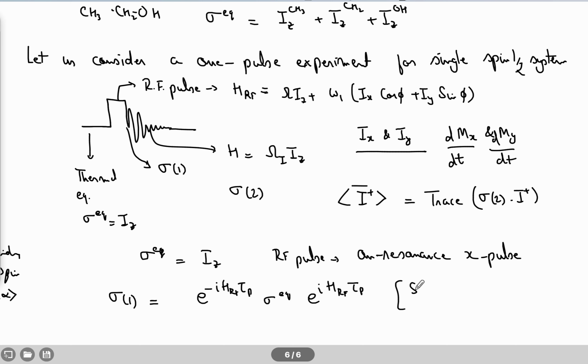I have directly written the solution to the Liouville-von Neumann equation. Don't get startled by looking at this. I have simply written the solution where the Hamiltonian is the RF Hamiltonian, and sigma 0 is nothing but sigma equilibrium, the thermal equilibrium density operator. Now let's plug in the values and simply carry out the BCH expansion. Let's do that.